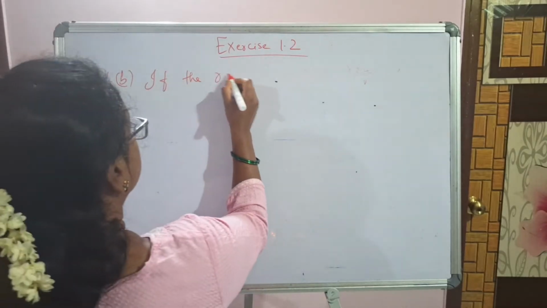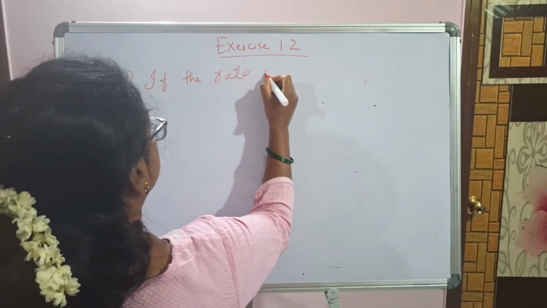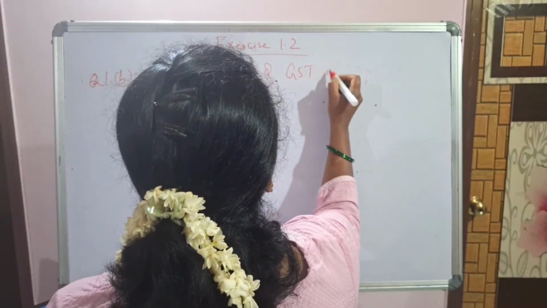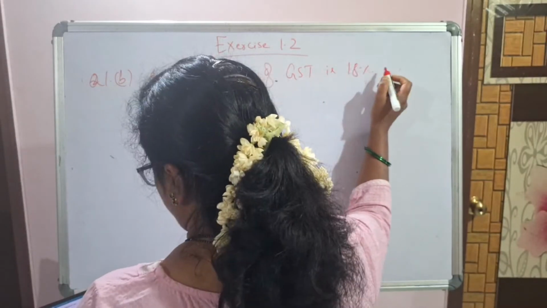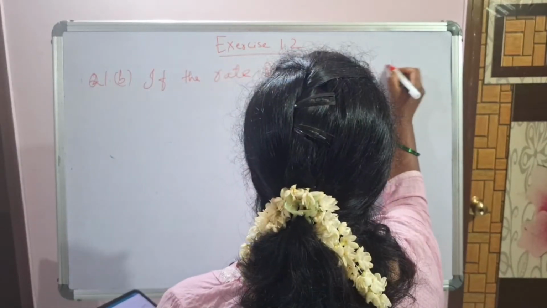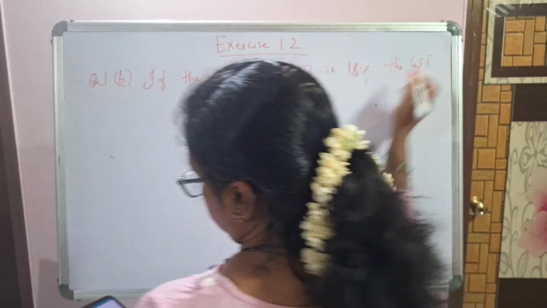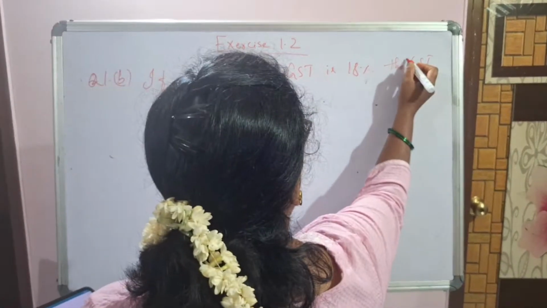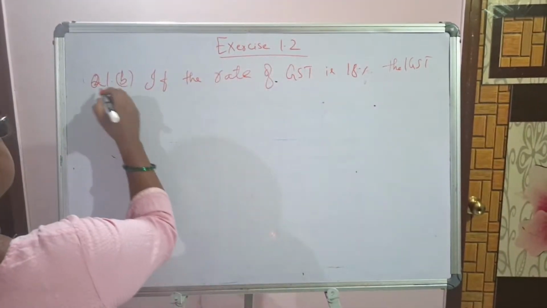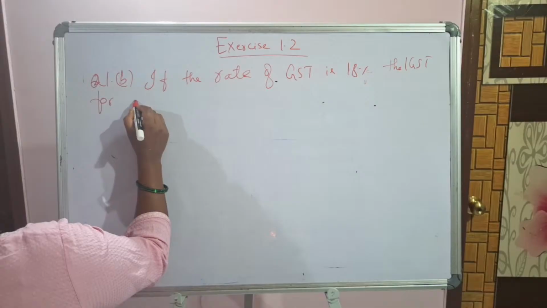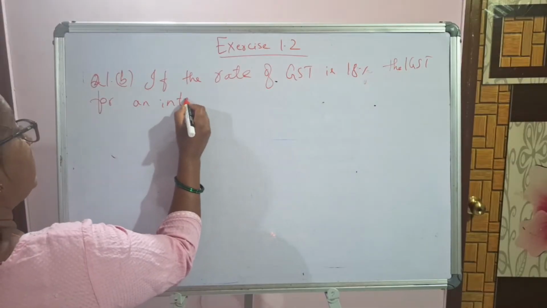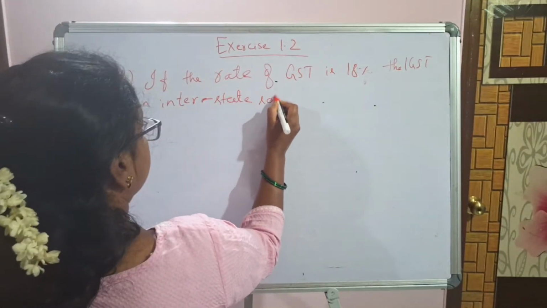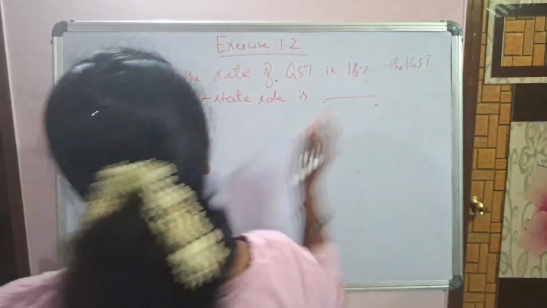If the rate of GST is 18%, the IGST for an interstate sale is dash.